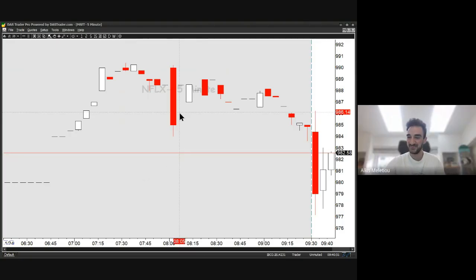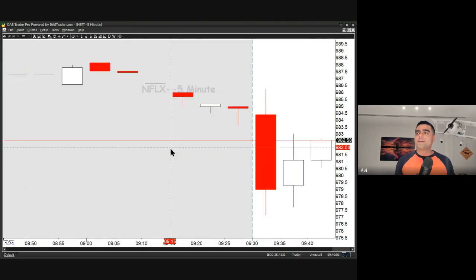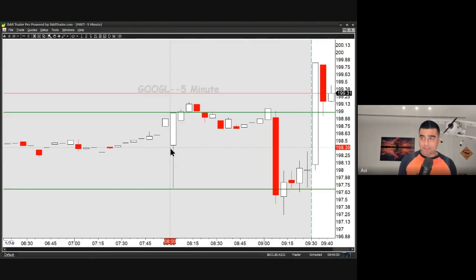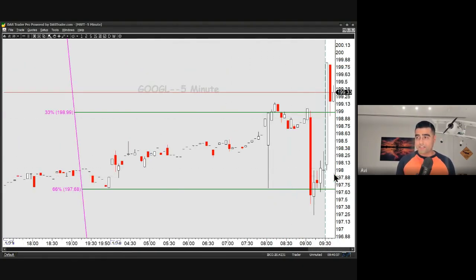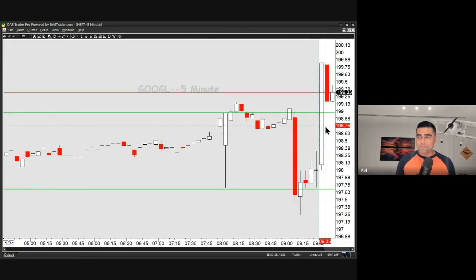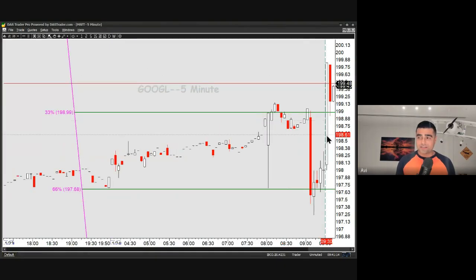Perfect. Thank you, Avi. Sure. All right, guys, I like Google. Look at that. Again, breakout, retest. You'd think it would go up, but this is not the way I do a retest. I want to retest closing a bullish candle. Like if this candle closes white with no wick, closes at its own high, then the new high off of that would be the entry. But also, on the other hand, I don't really like it when the retest happens immediately on the next candle.